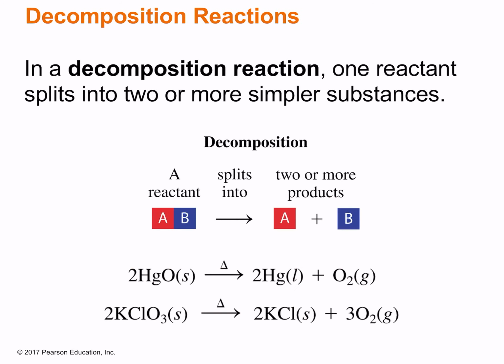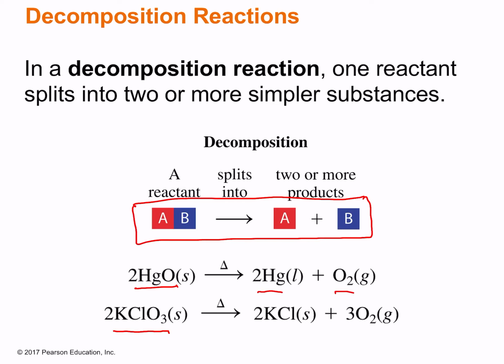Decomposition is exactly the opposite. You have one thing that's breaking into 2 things, or maybe into 3 things, but it's breaking apart. So in a decomposition reaction, one reactant splits into 2 or more simple substances. So we start with one thing and we make 2 things, just like it shows in this picture. Here, one thing, mercuric oxide, makes 2 things, mercury and oxygen gas.